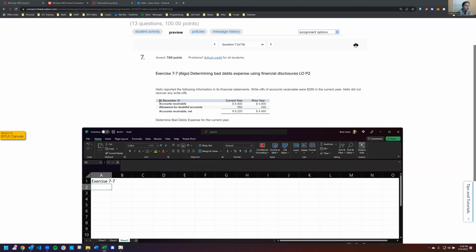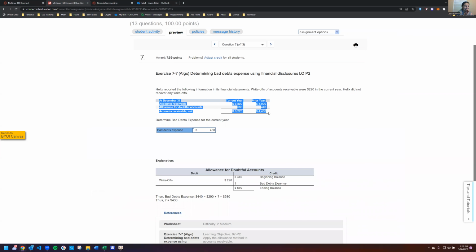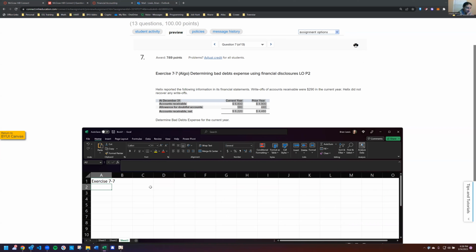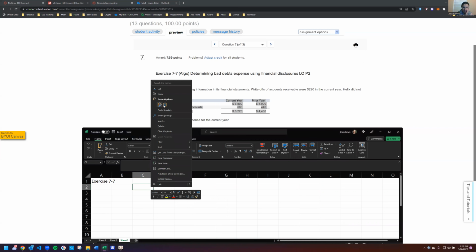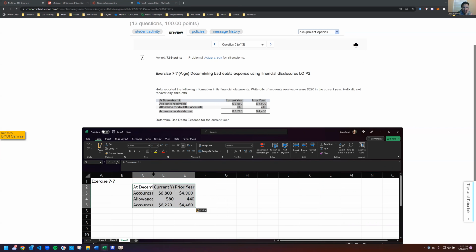Gotta love these ones. Makes your head kind of explode. Makes mine too. Okay. So I just copied the values over. Makes it a little easier to work with. Helix did not recover any write-offs for the current year.